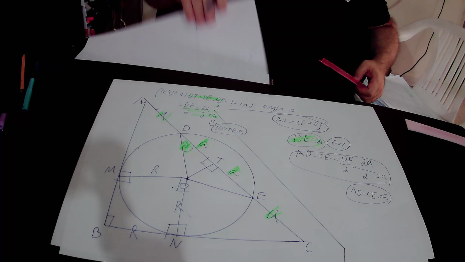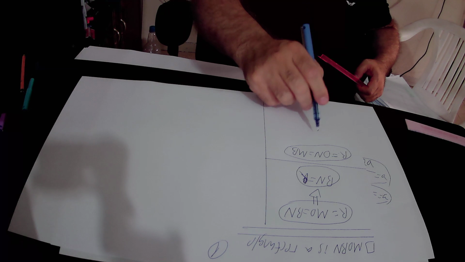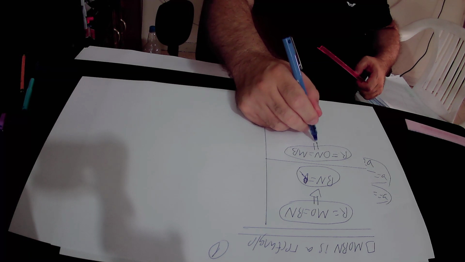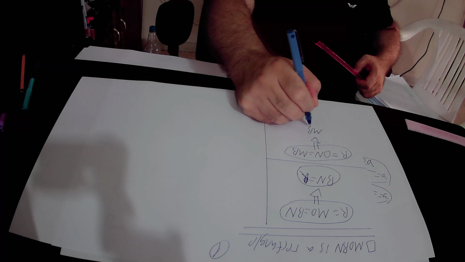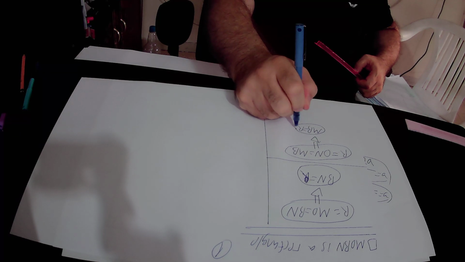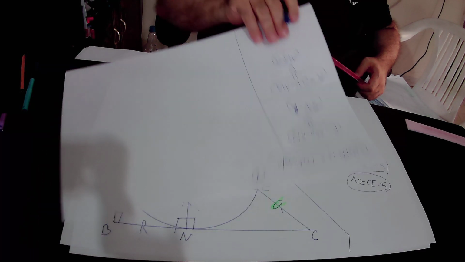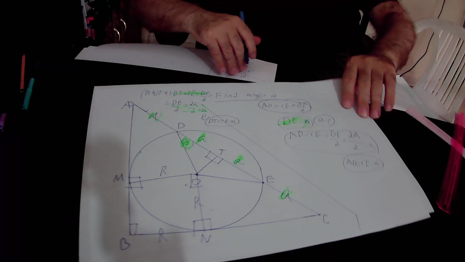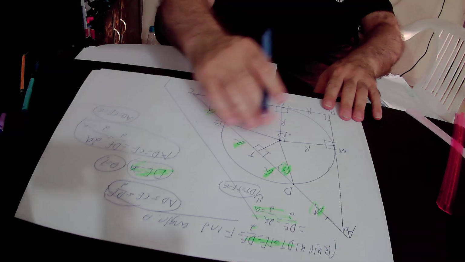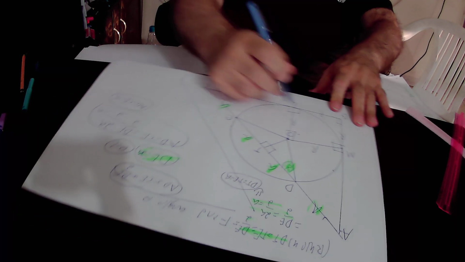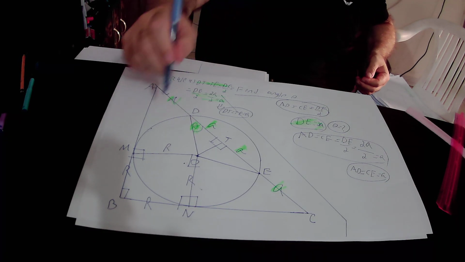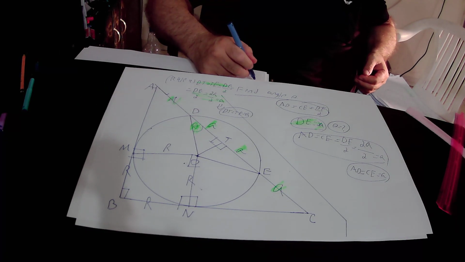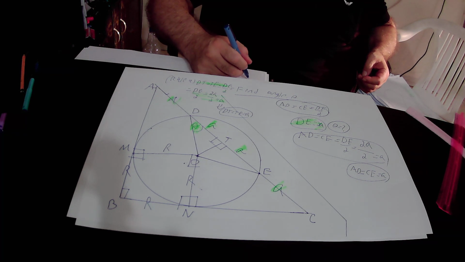And from this equation, R equals ON equals MB, we derive that MB is also equal to R. So actually we found out that quadrilateral MOBN is a square because it has 4 equal sides. They are all equal to R.